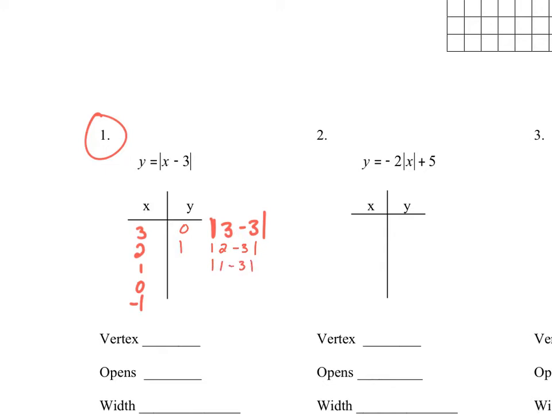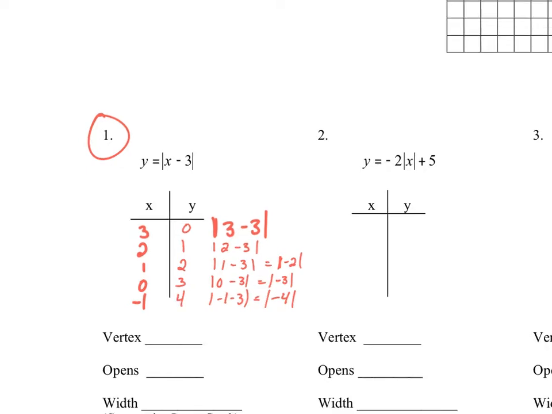And the absolute value of 1 minus 3. 1 minus 3 is -2, so the absolute value of -2 is 2. Then 0 minus 3, which is the absolute value of -3, which is 3. And then -1 minus 3 is -4. The absolute value of -4 is 4.